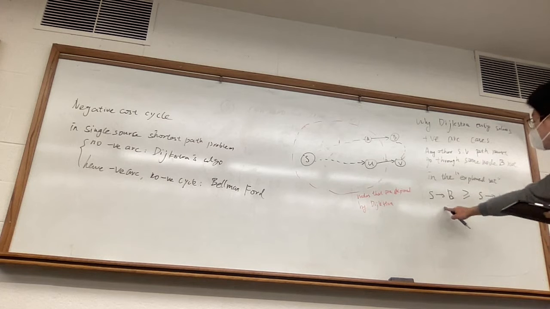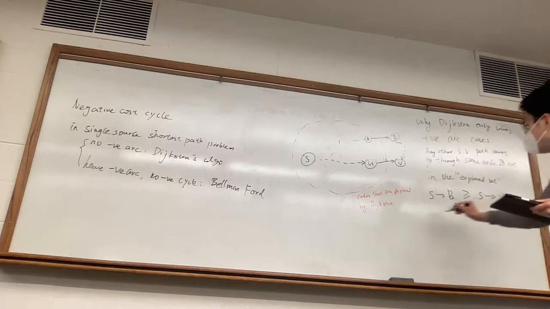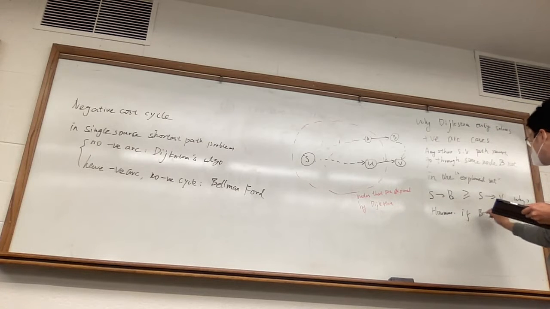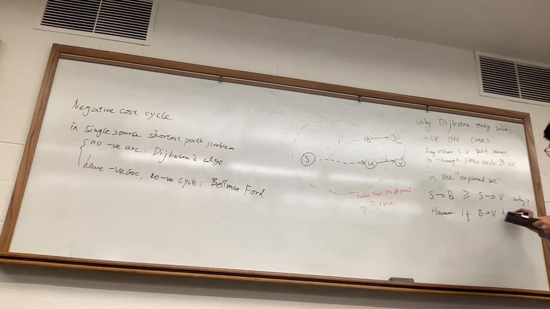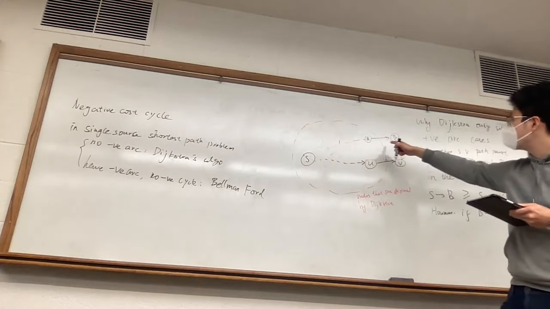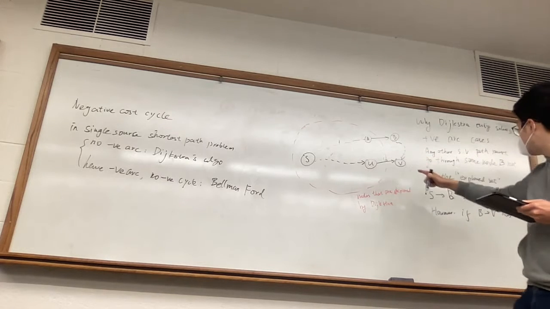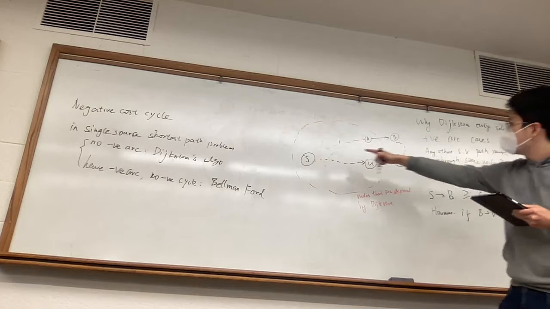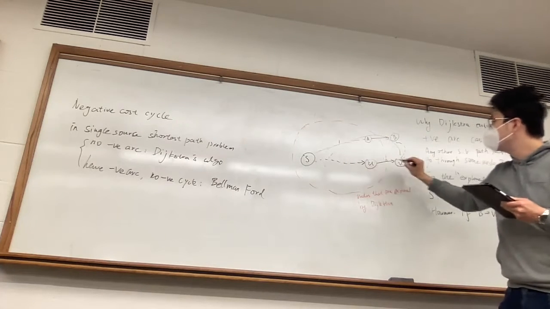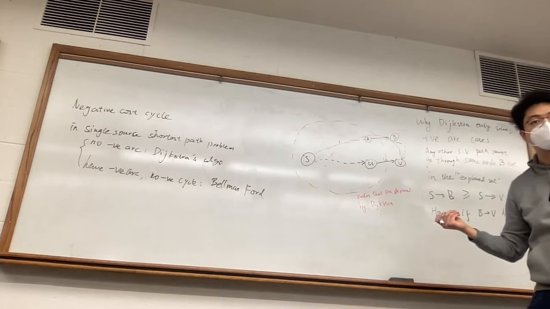So now we know that S to B must be greater than S to B. However, if B to V has negative cost, then what happens? Suppose B to V has negative cost, then it is possible that you go through S to A, then to B, and then through this negative cost path from B to V. Along this can be shorter than S to U to V. Then Dijkstra is wrong, right?